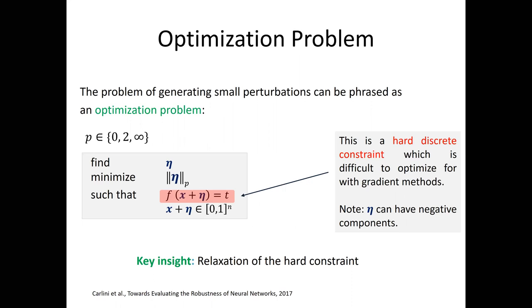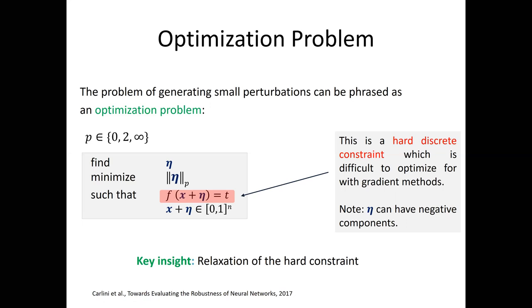Now, the difficulty here is that everything here is hard to optimize for. But let's start with the first one. This constraint here in red, f of x plus eta equal to t, is a hard discrete constraint, which is difficult to optimize with gradient methods.